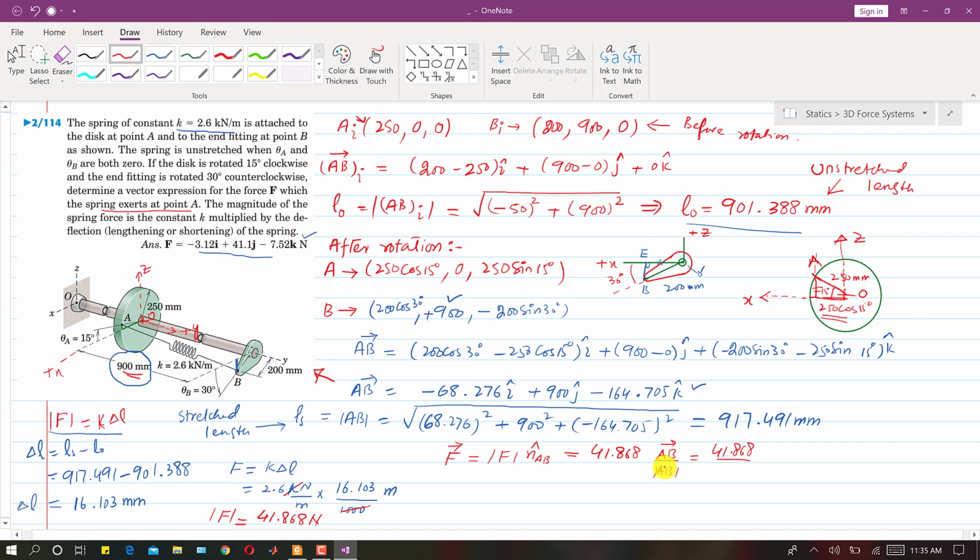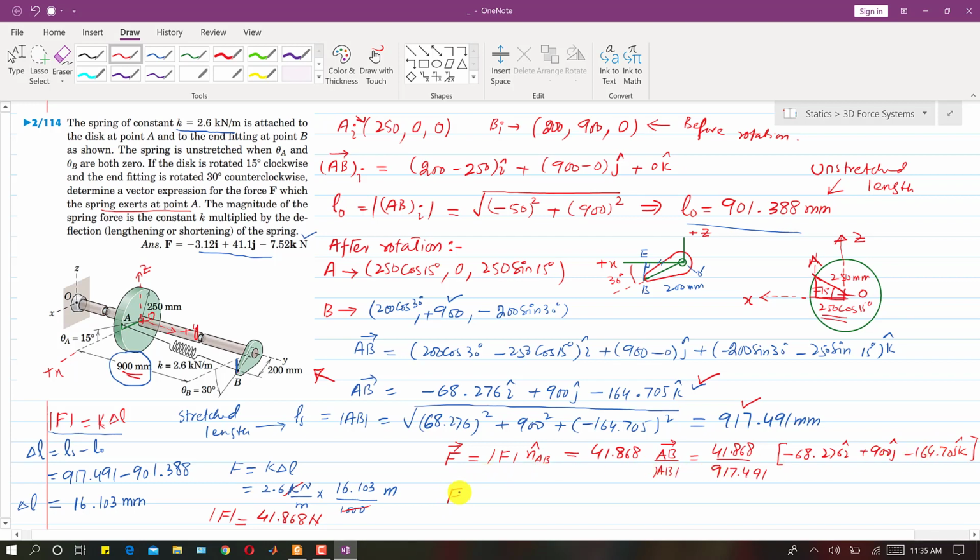So AB magnitude is how much? So this is the AB magnitude. So we will write 917.491 into the AB vector. So this is that AB vector, right? So I will write minus 68.276 I plus 900 J minus 164.705 K, right?